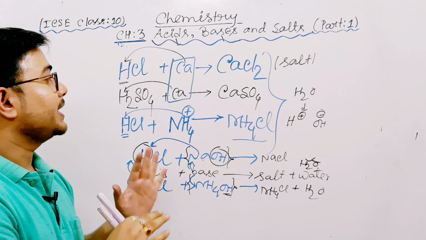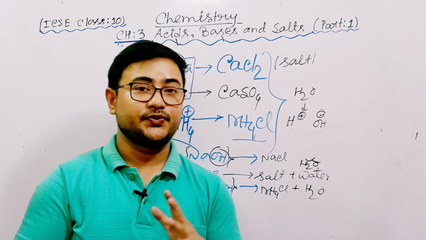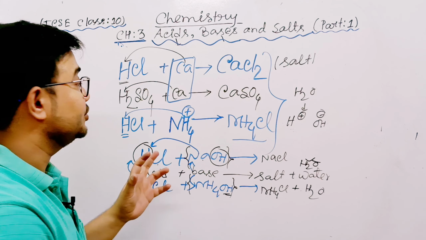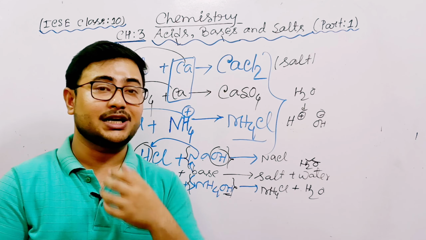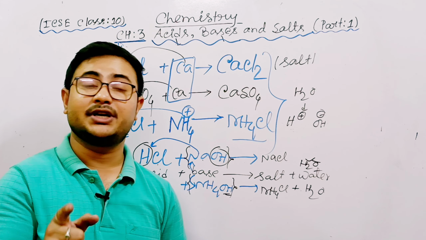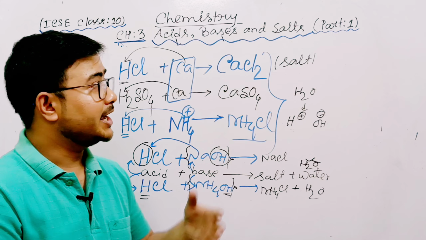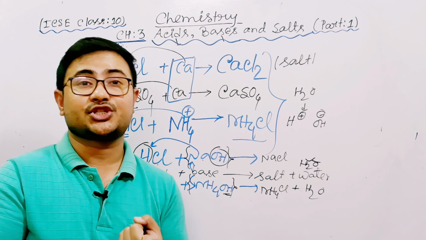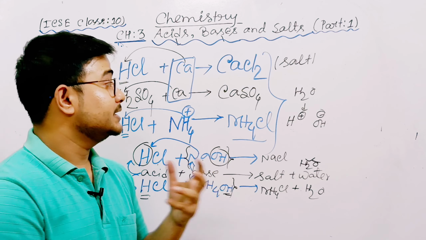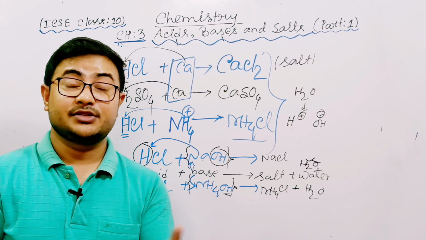This is the primary concept of acids, but this is very important. If you don't understand this concept, watch this video again, try to clear your concept, because if you don't understand this primary concept, then you will definitely face difficulties in the next part. Why? Because in the next part we have strong acid, strong base, weak acid, weak base, so many difficulties are there, as well as monobasic acid, dibasic acid, so many concepts.